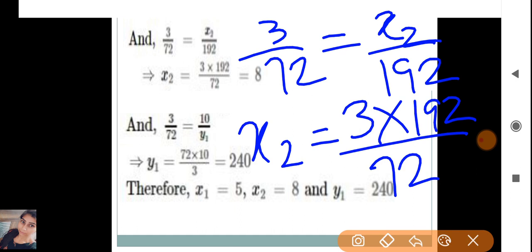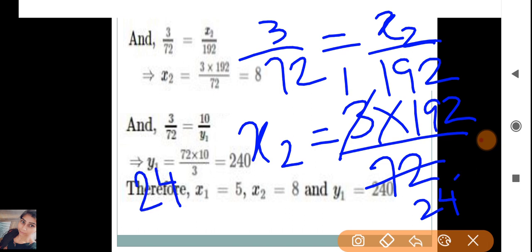Let us cancel. 3 ones are 3, 3 twos are 6, 3 fours are 12. Let us check whether 192 is divisible by 24 or not. 24 ones are 24, 24 eights are 192. So that means my answer for x2 is 8.